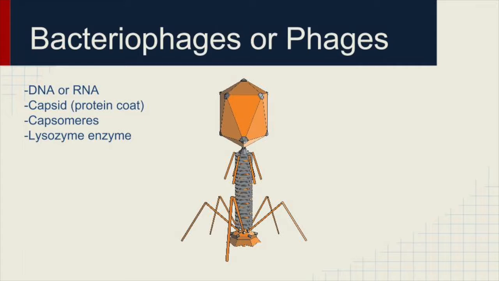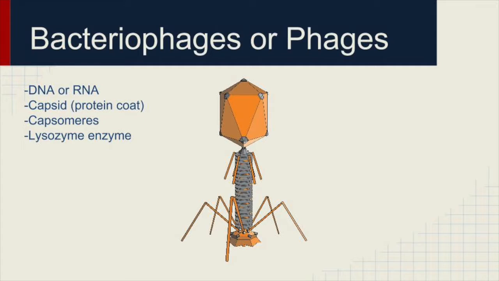What this bacteriophage is comprised of is DNA or RNA located inside that orange polygonal figure, which is actually called the capsid, which is a protein coat that goes around the DNA and holds it there until it is necessary to infect the host cell. Now, the capsid is comprised of tiny individual proteins called capsomers, which make up the capsid itself.